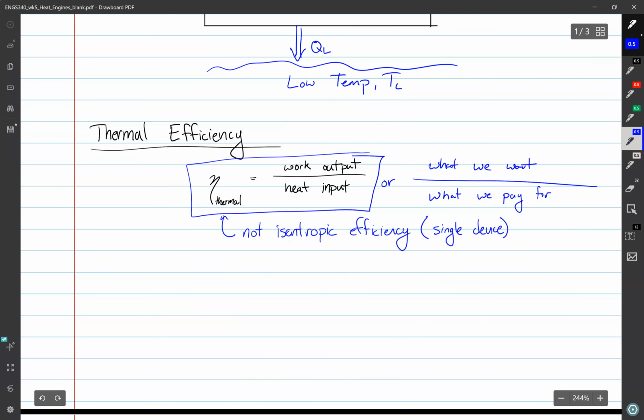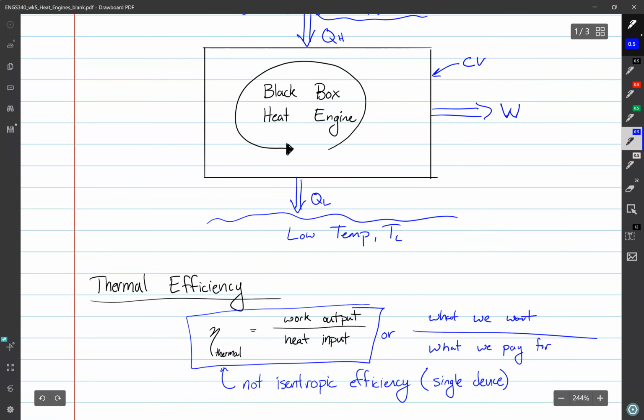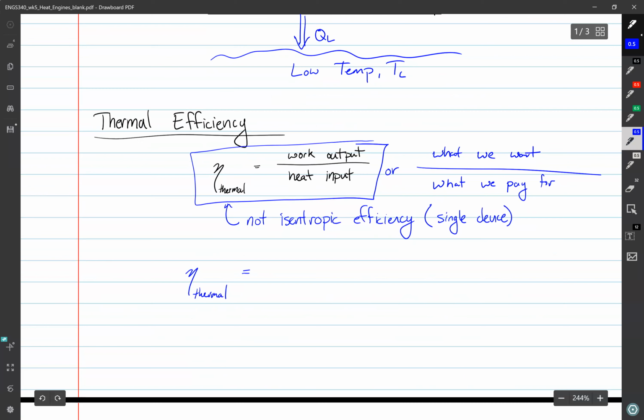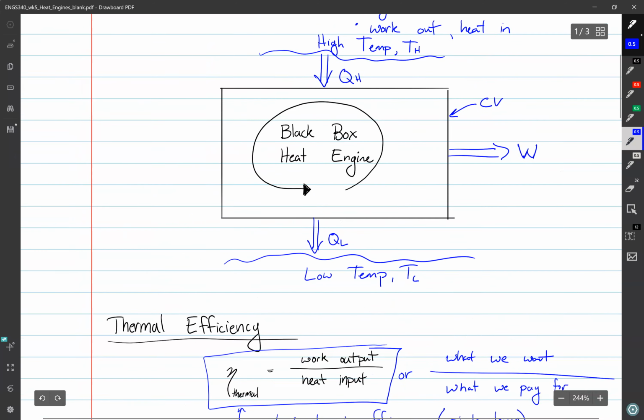We can look at the thermal efficiency generally. If we look at the picture and want to put variables to it, if we look at this black box picture, we can see that the thermal efficiency would be W over QH. That should be fairly apparent.